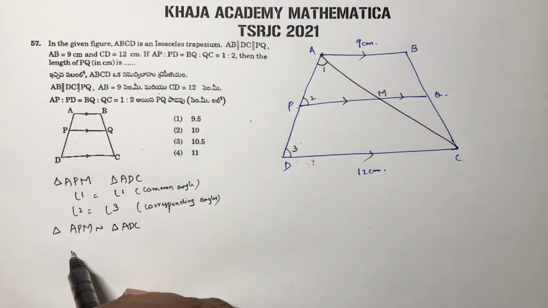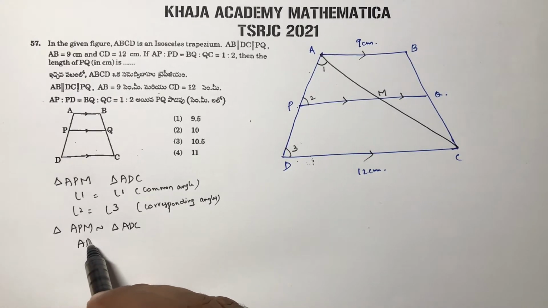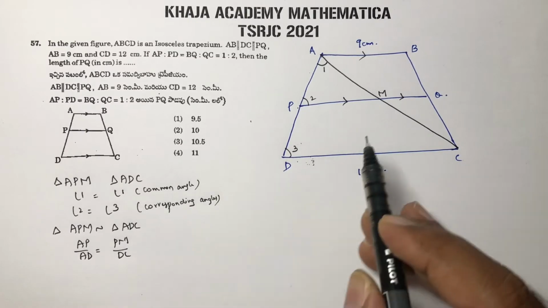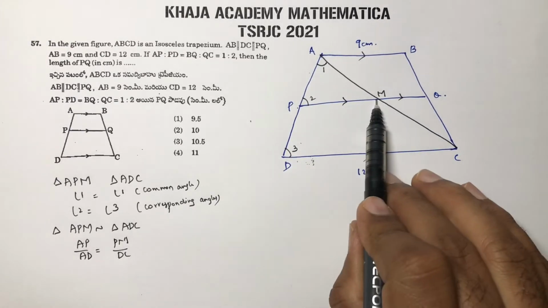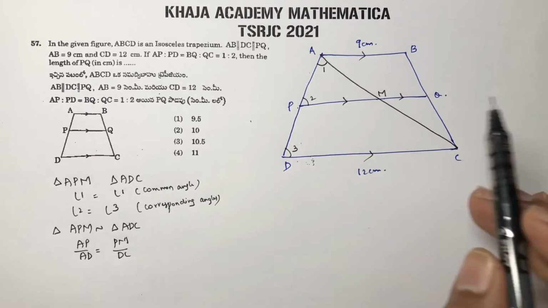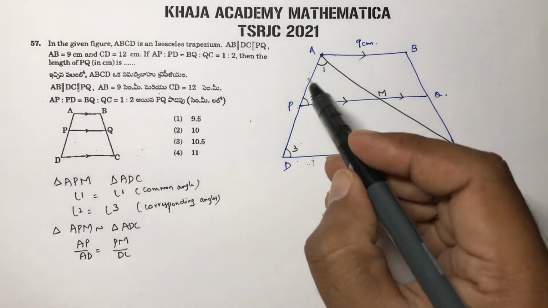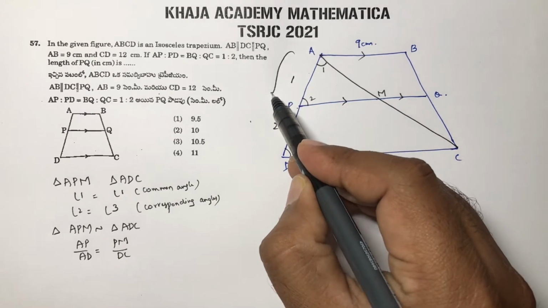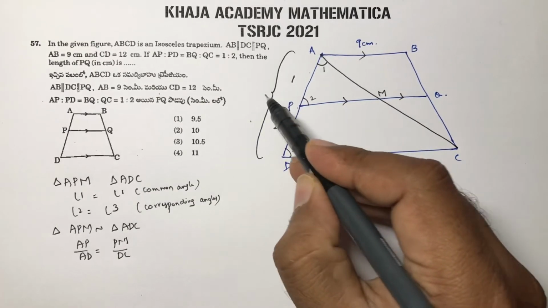So if you write the sides proportional, AP by AD equals PM by DC. We need to find PQ, so first we'll find PM, then MQ, then I'll add both the values. Now AP, they gave ratio 1 is to 2, so total parts will be 3.